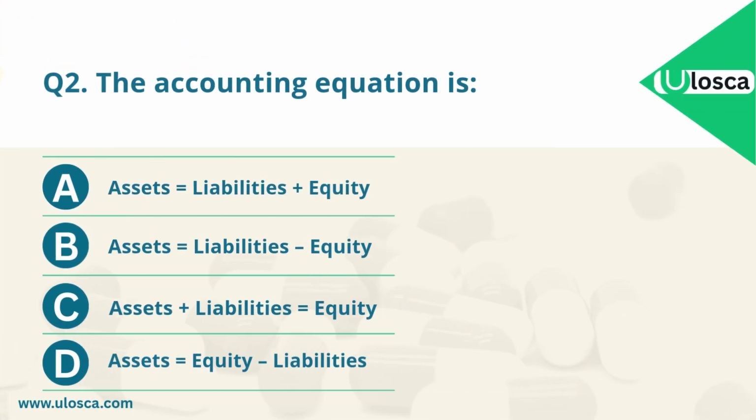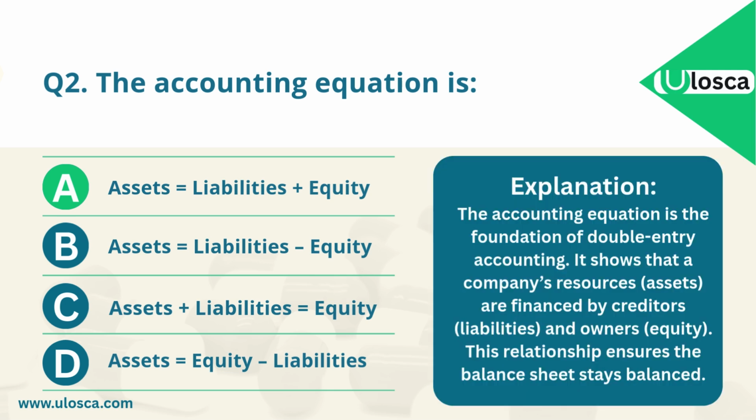The correct answer is A. Assets equals liabilities plus equity. Explanation. The accounting equation is the foundation of double-entry accounting. It shows that a company's resources are financed by creditors and owners. This relationship ensures the balance sheet stays balanced.